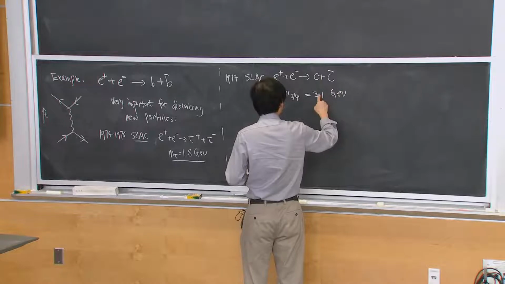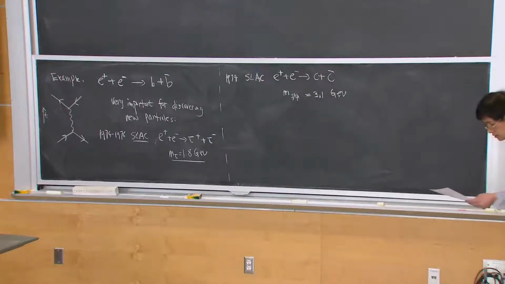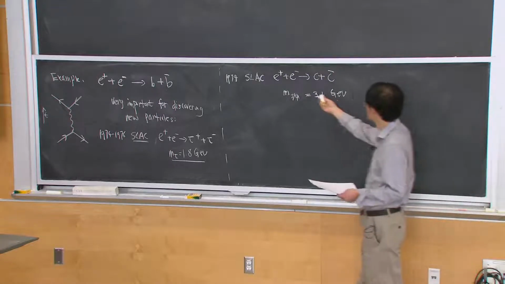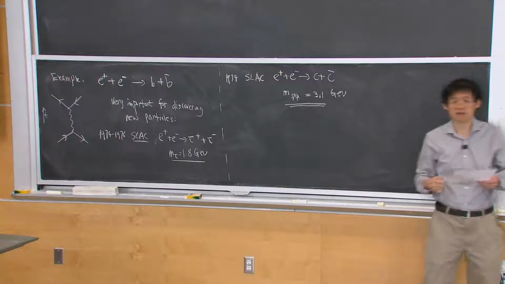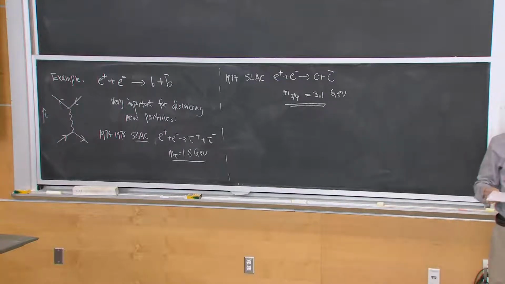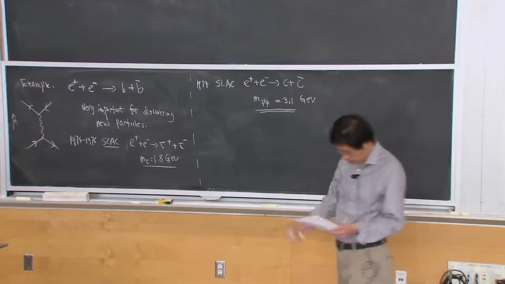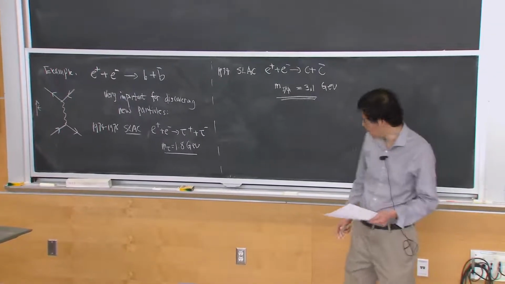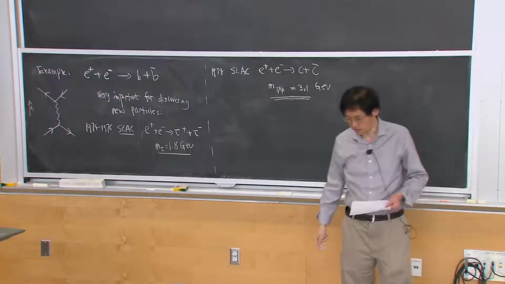This particle was discovered at the same time at Brookhaven through the collision of protons by our own colleague Samuel Ting. They both got the Nobel Prize in 1975, I think.